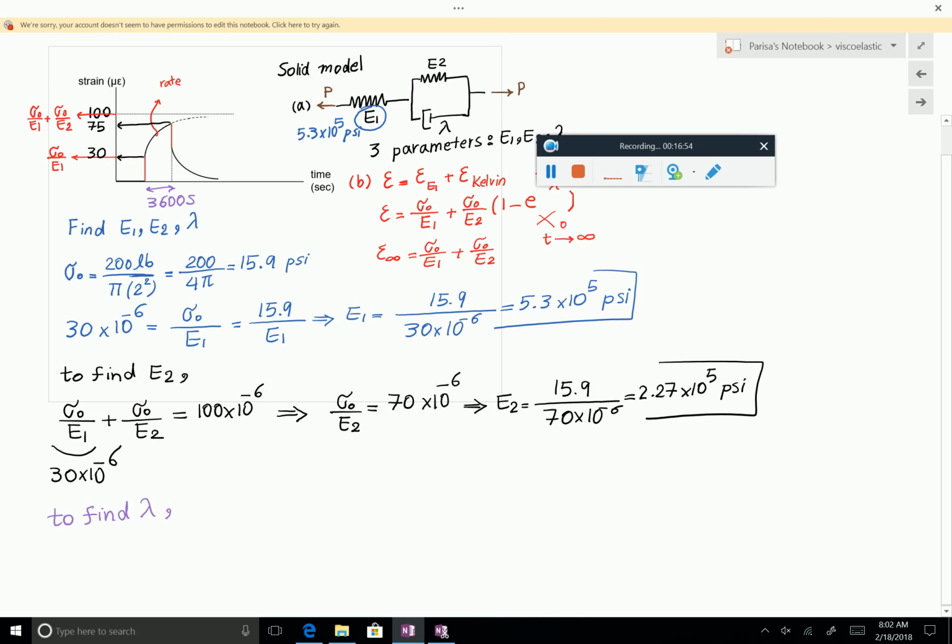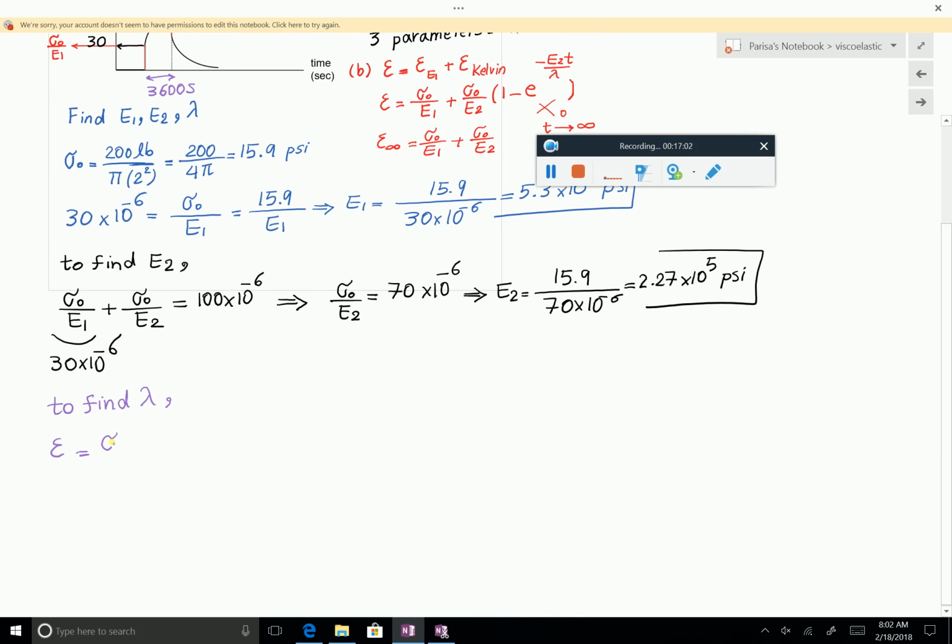We say, okay, we know that epsilon at any time can be calculated as sigma 0 over E1 plus sigma 0 over E2 times 1 minus e to the power of minus E2 over lambda times t.